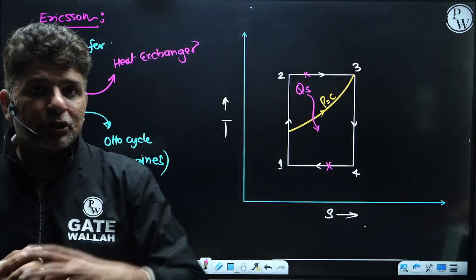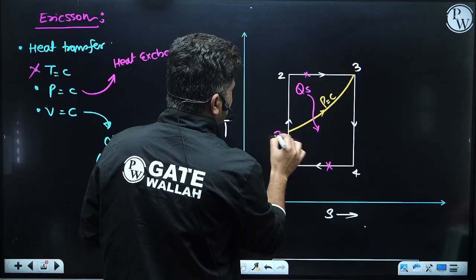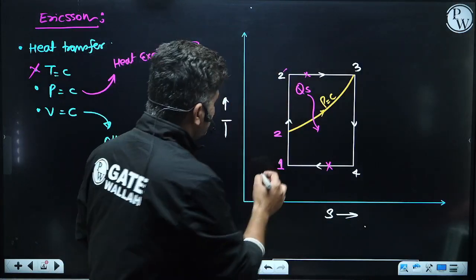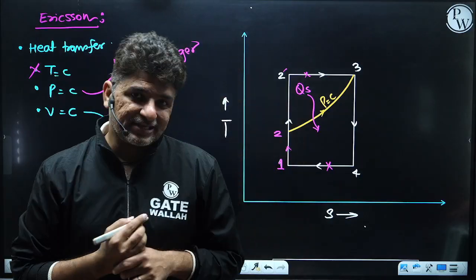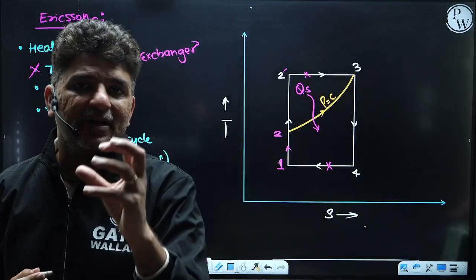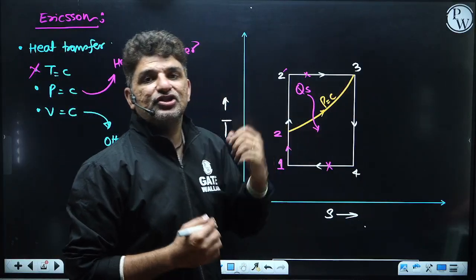Okay, so now you have made two processes. This is, let's say, location 1. This is location 2. I will mark this as 2 dash. So 1 to 2 is an isentropic compression process. 2 to 3, instead of doing heat transfer at isothermal or temperature equal to constant, you can transfer the heat at constant pressure.